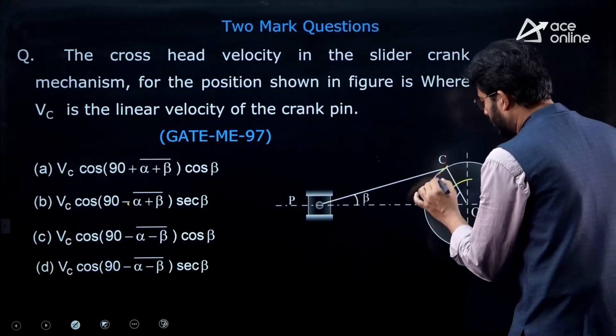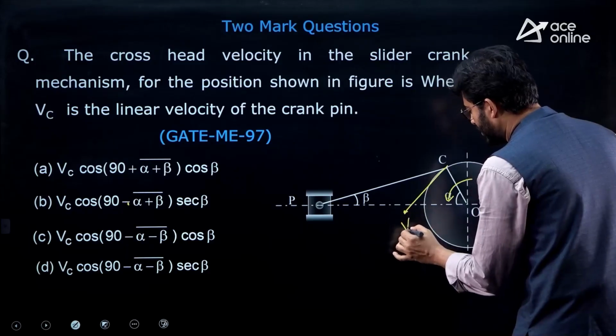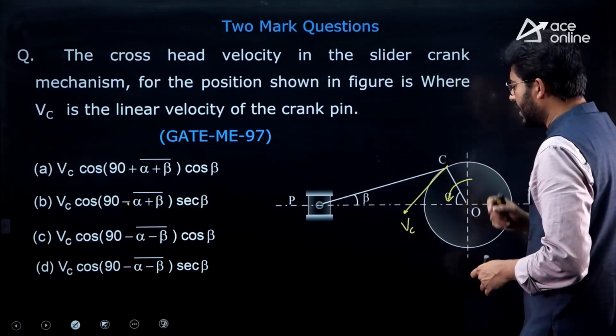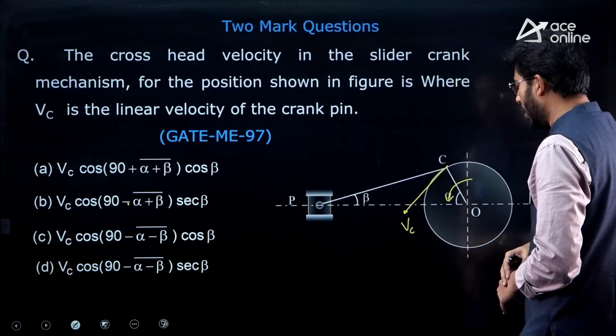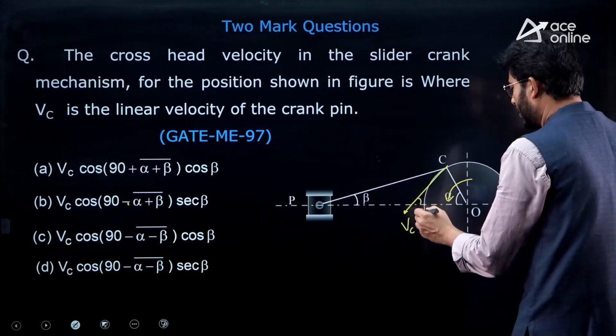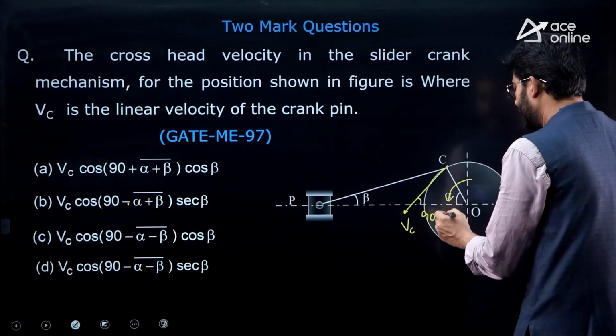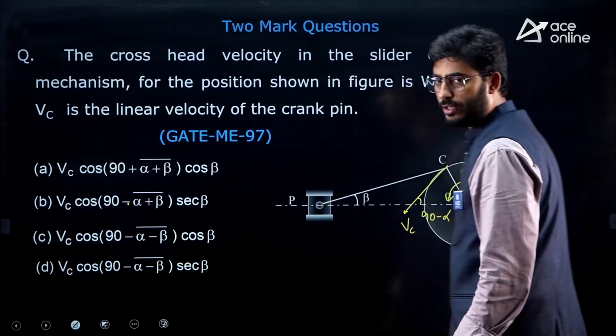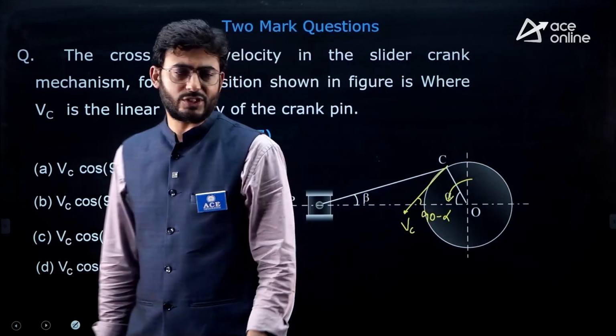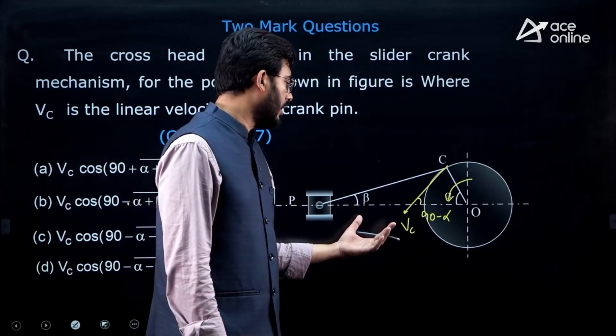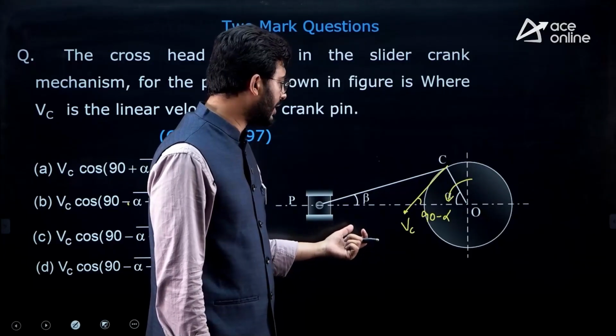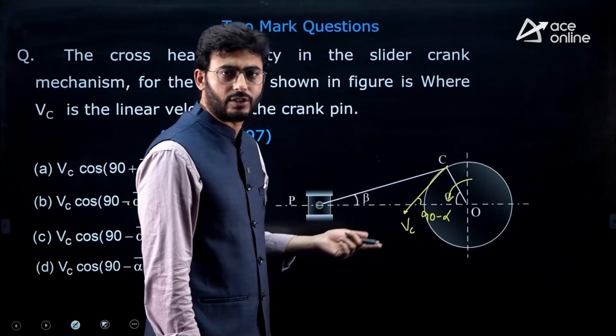As per the direction, this would be the velocity of crank, Vc, and crank is making an angle of alpha with the horizontal. So the velocity vector is going to make an angle of 90 minus alpha with the horizontal, describing the direction of the velocity of the crank.